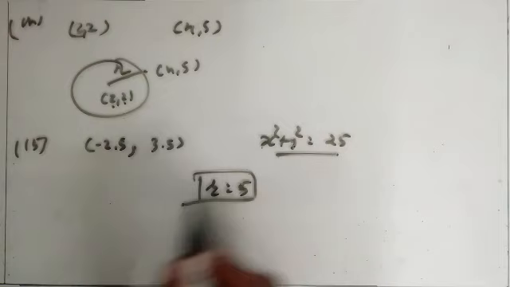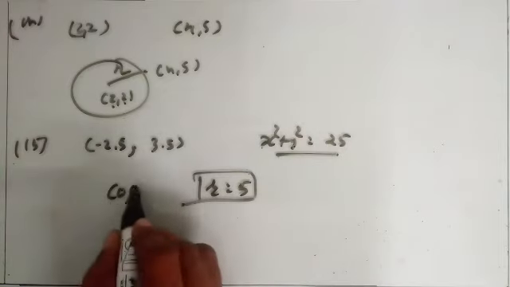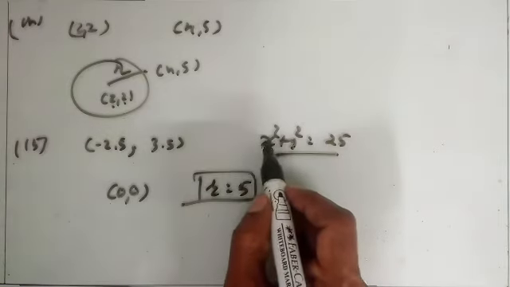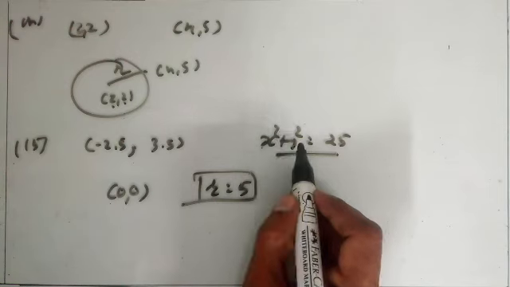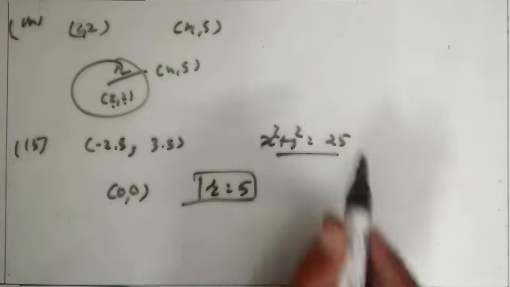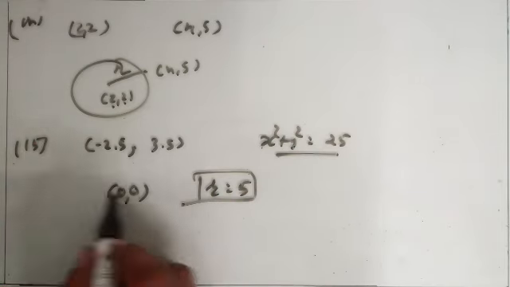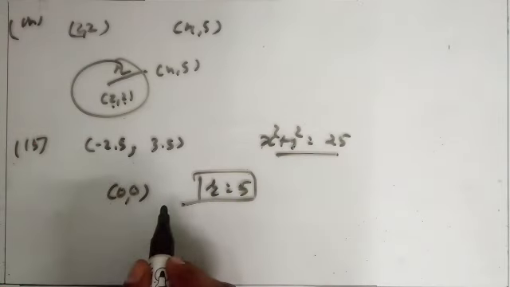And the center of the circle: this passes through the origin, (x minus 0) square plus (y minus 0) square is equal to 25. So the center (h, k) is equal to (0, 0).